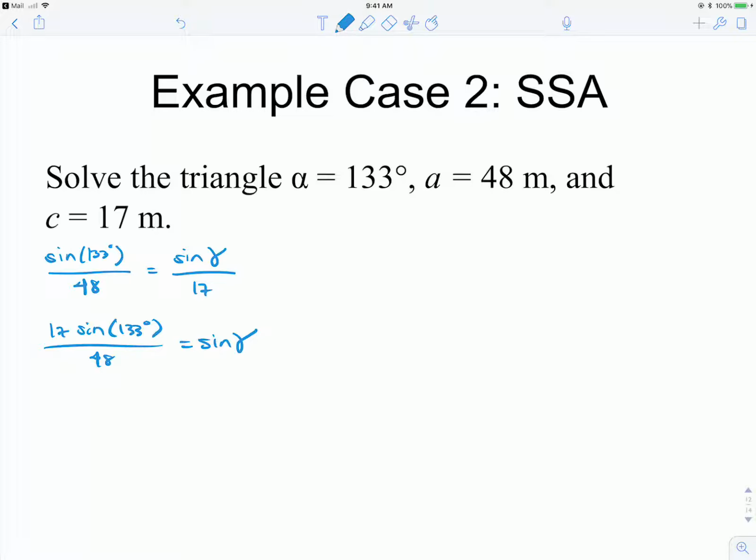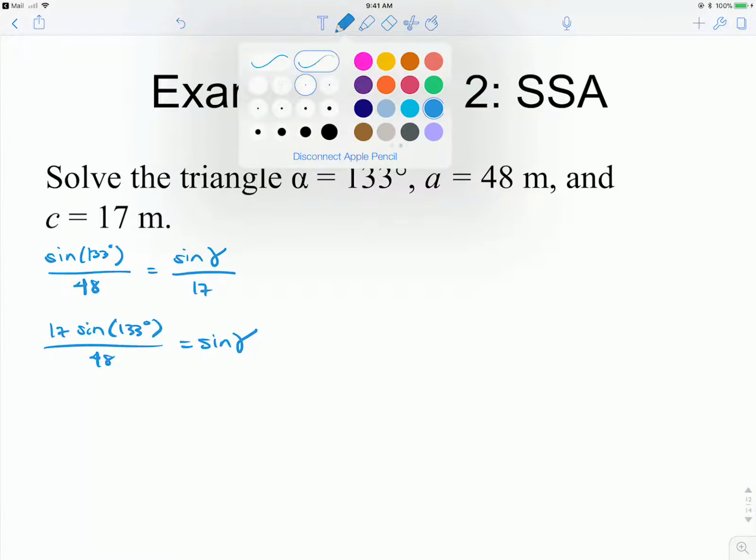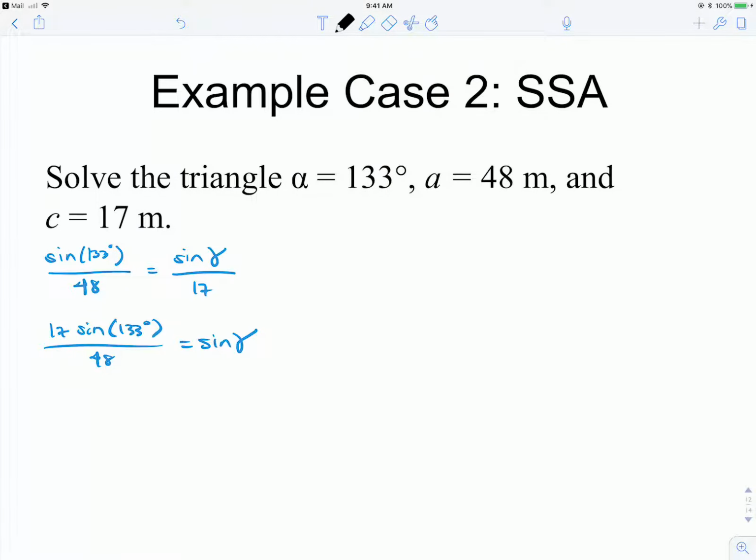So if we think about what angle, we're solving for gamma, whatever that angle gamma is would make this a true statement. Thinking back to our unit circle, we know that there's an angle from quadrant 1 that would make this a true statement, and an angle from quadrant 2 that would make this a true statement.